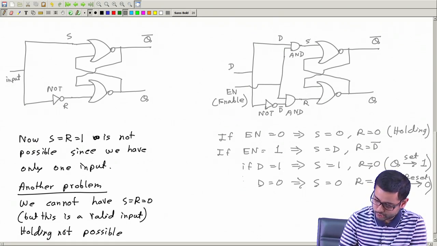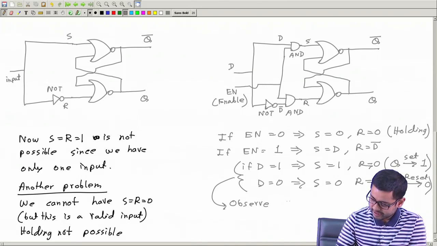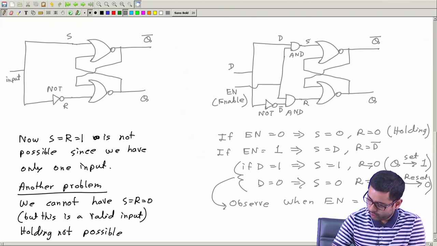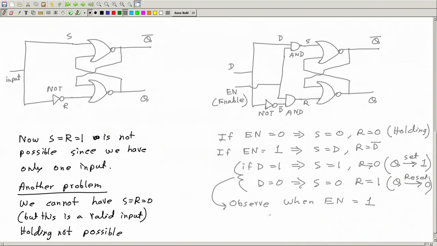So from these two you observe when enable is equal to 1, Q is equal to D. Isn't it? When enable is equal to 1, then if D equal to 1, Q becomes 1. If D equal to 0, Q becomes 0.